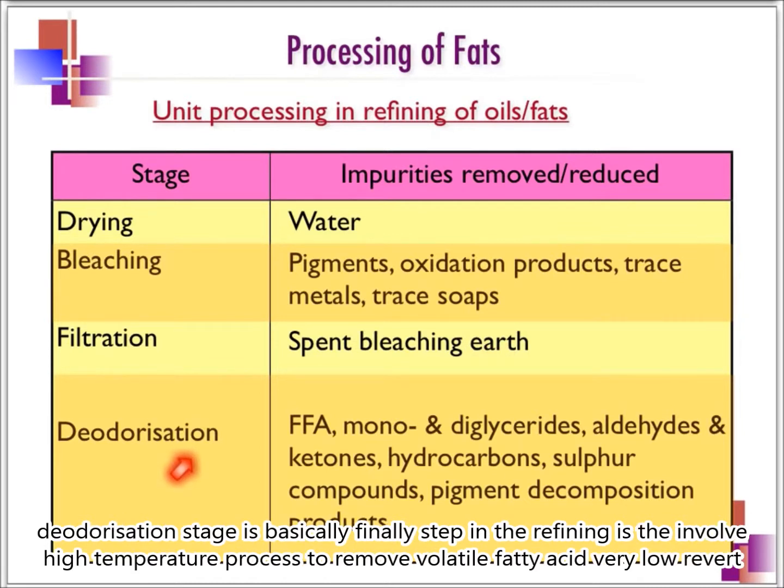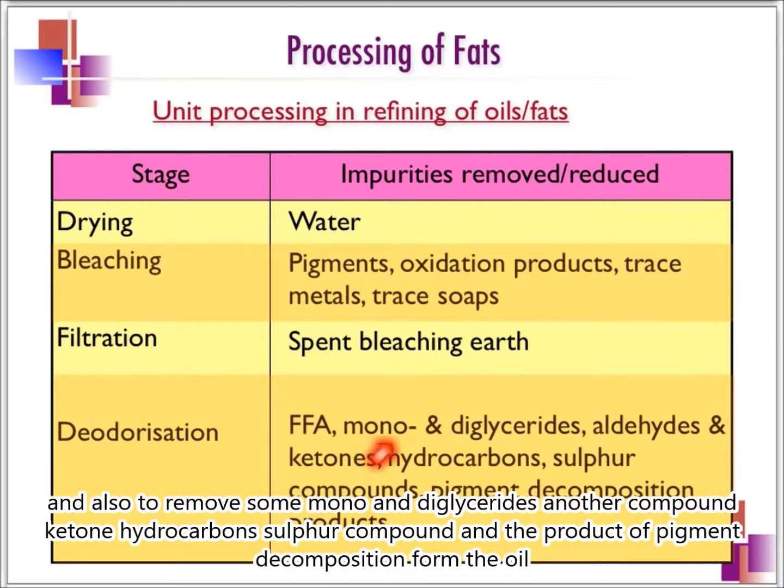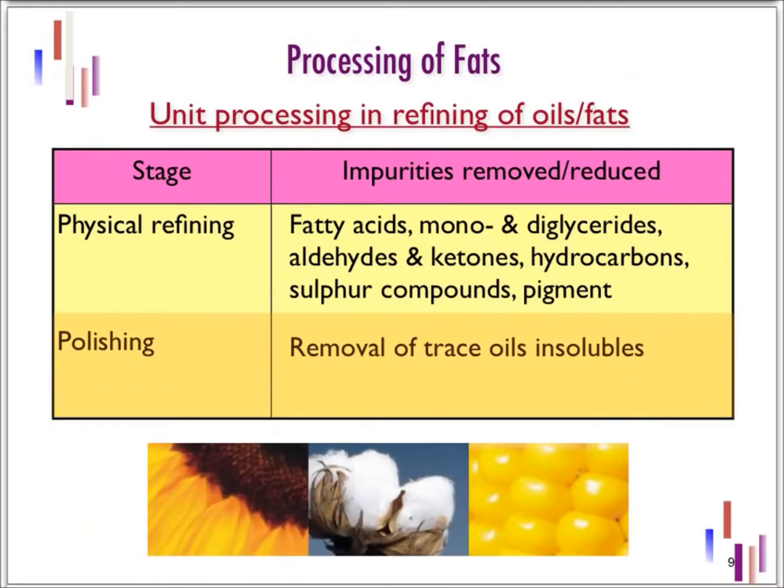Deodorization step is basically the final step in the refining. This will involve a high temperature process to remove the volatile fatty acids down to a very, very low level, and also to remove some residual mono and diglycerides and other small compounds, aldehydes and ketones, hydrocarbons, sulfur compounds, and the products of pigment decomposition from the oil.